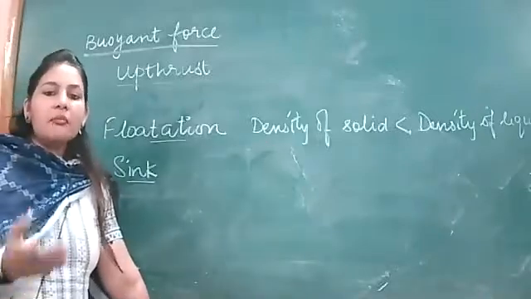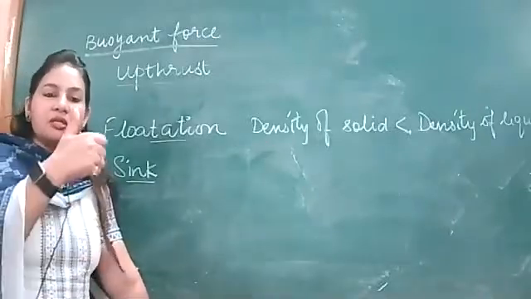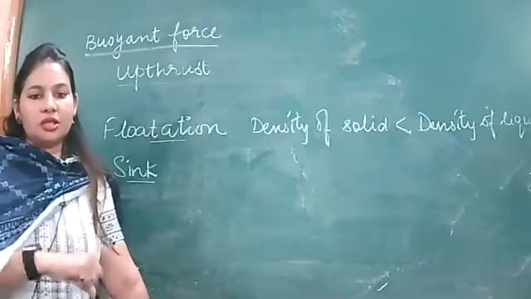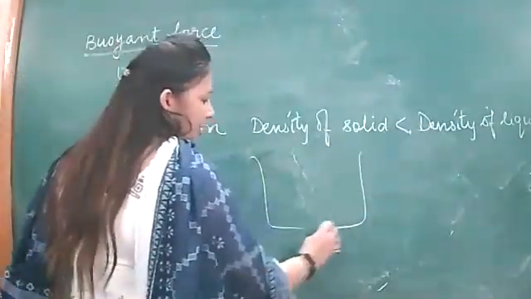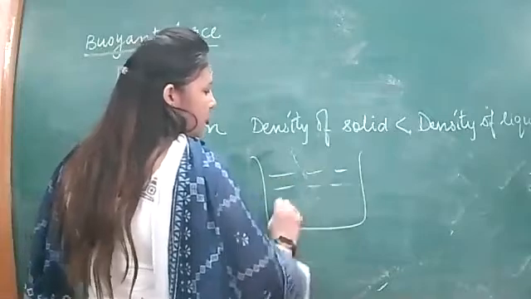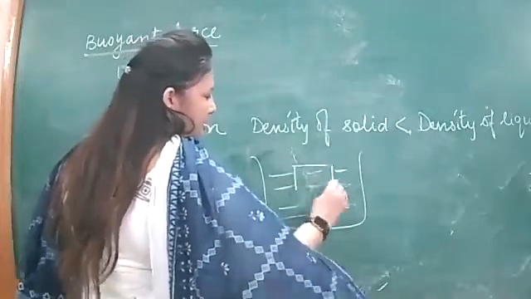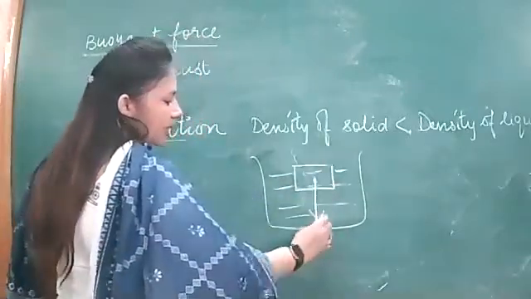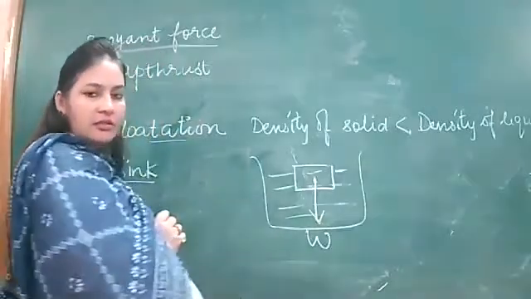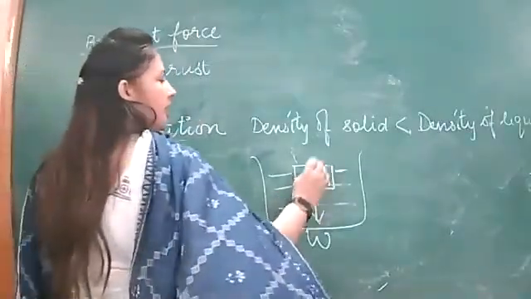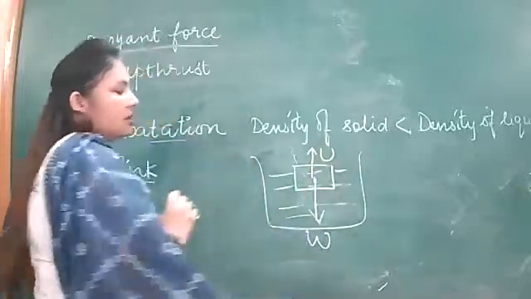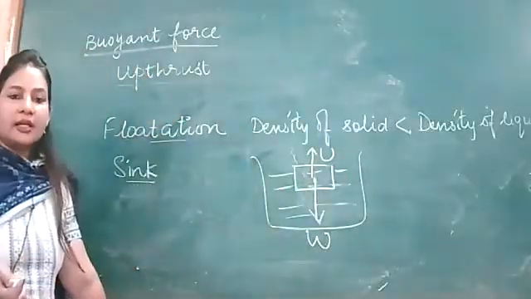Why does it float? Because in this case, upthrust becomes more than weight. There are two forces acting on any body which is immersed in a liquid. There are always two forces. Suppose I have this object here, then two forces are acting. First is weight, W is equal to mg because of gravitation, and the second is upthrust or the buoyant force, which is always acting in the upward direction.